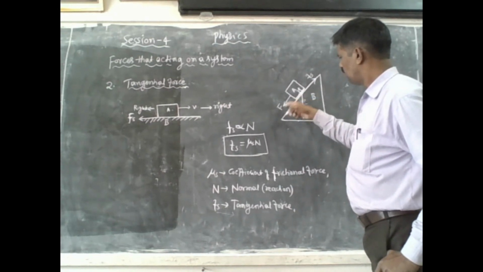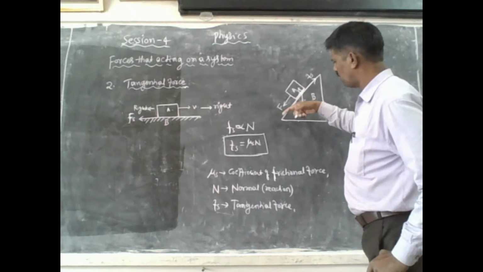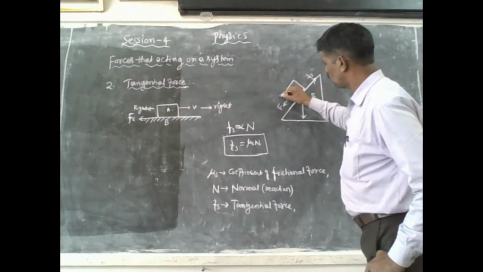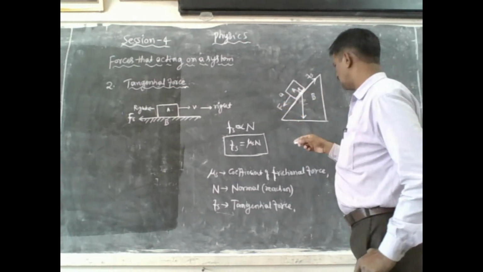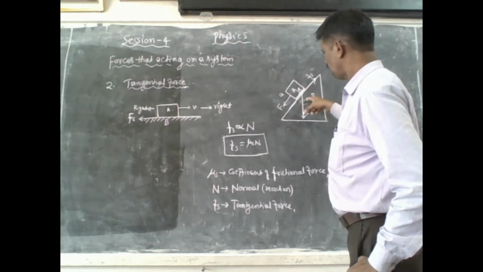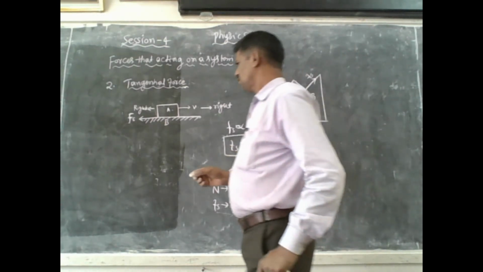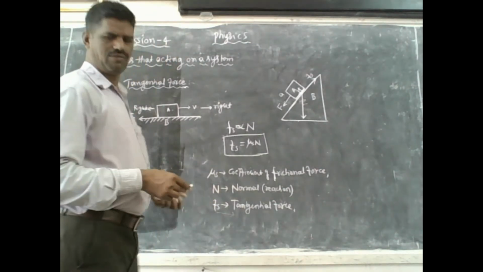This is the motion of the body in the downward direction, the frictional force develops in the opposite direction, and there is also acceleration of the body downwards, isn't it? So this is also one of the examples of frictional force.